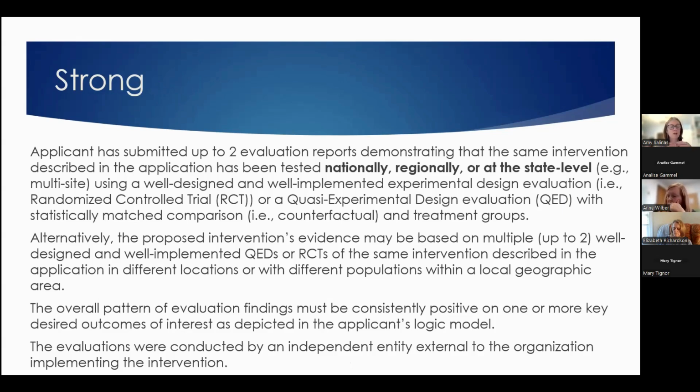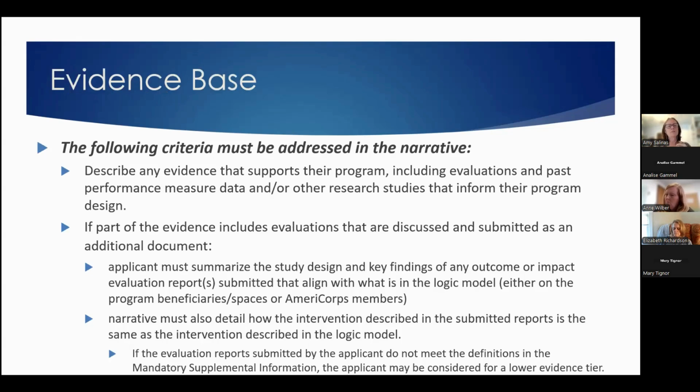My recommendation for you all is to think about where you think you fall on those 4 levels, and then in your narrative, speak to that level. So ultimately, in that narrative section, you have to describe any evidence you have that what you're proposing is going to work. Again, that could be past data you've collected, research studies, or an evaluation.